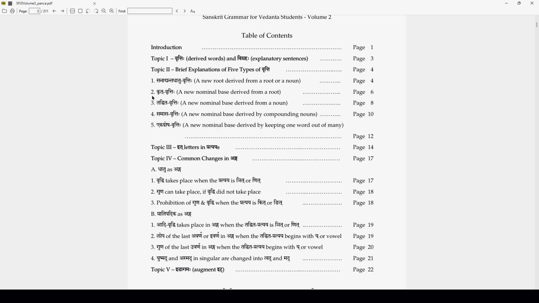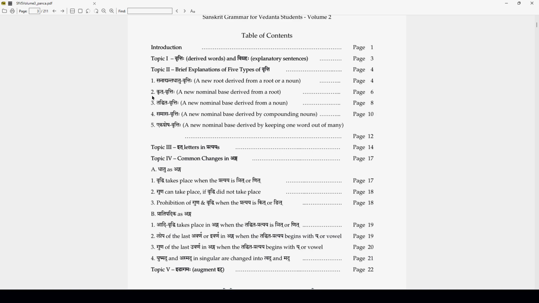You're always welcome here. Here we are discussing the Kridantas. Do you have any background or just basic knowledge of Sanskrit grammar, these dhatus, dhatu pratyaya? Basic knowledge of grammar I have, yes.